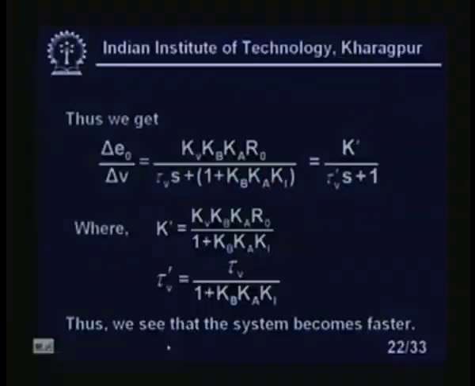This is a very fundamental equation of any instrument or system. If a thermometer time constant is large, I cannot measure the response fast for a step input. If it is cyclic, obviously that advantage is also there. Thus we see that the system becomes faster since we are dividing tau V by this factor. So tau dash V will decrease, and I can measure the high frequency.